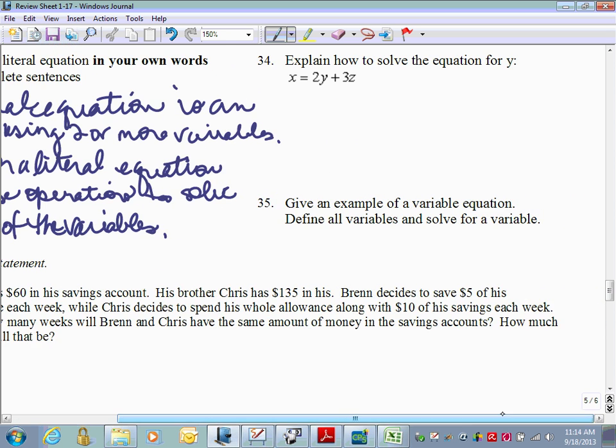It says explain how to solve the equation for y. So I would circle the y. So number 1, circle the y. Number 2, I am going to subtract 3z from both sides.